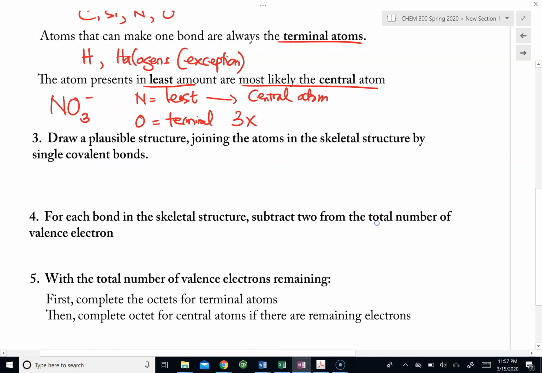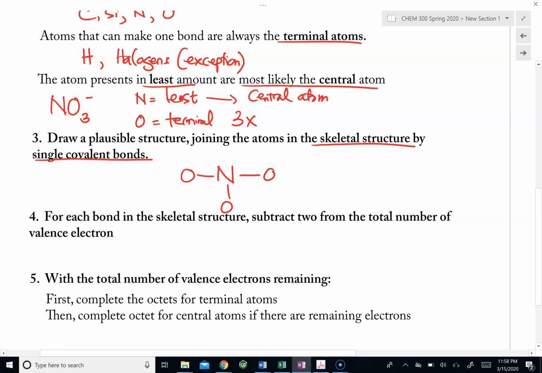Once we have determined which are central and which are terminal atoms, we join them together to make what we call the skeletal structure, using single covalent bonds. Here we put our central atom first, followed by connecting the 3 terminal atoms.